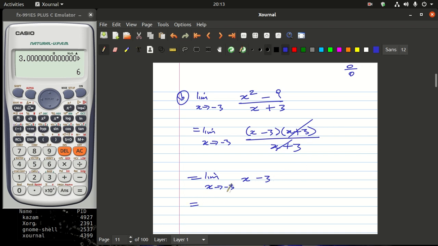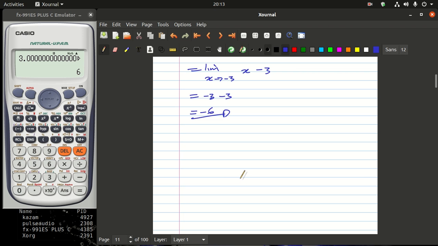Now, if I pick a value so close to this, the calculator is going to round it off, and it's not going to see the difference between that value and -3. So we'll drop the limit and have -3 minus 3, which is -6. That's how easy this thing is.